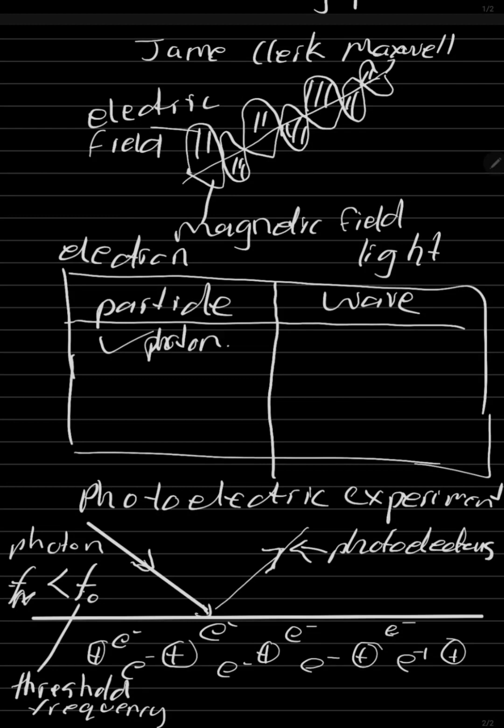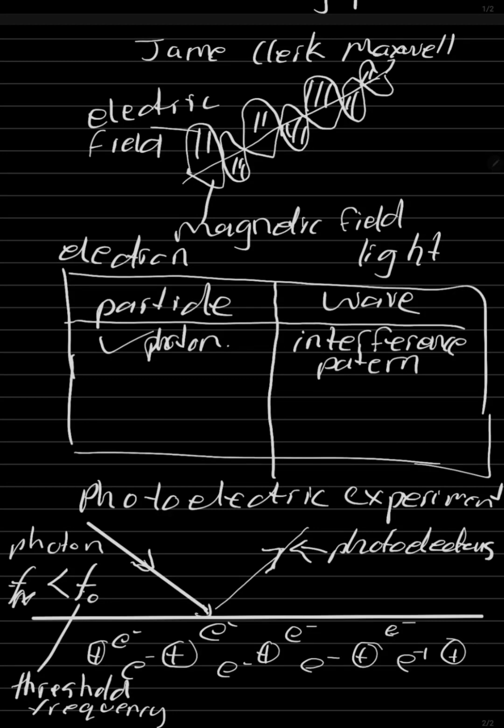But before, we knew that light was a wave, because from doing that experiment with light and with electrons, we realized that we see an interference pattern. You see, now light is a particle, and light is a wave.